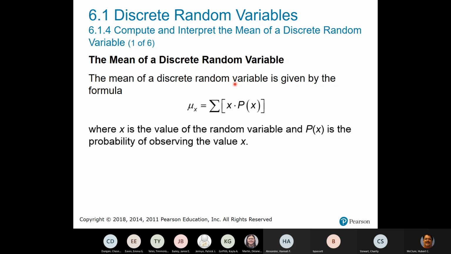All right, write this down right here. The mean of the discrete random variable, or the mean of a probability distribution, is right there. Write that down. Mu of x is equal to the summation of x times p of x.